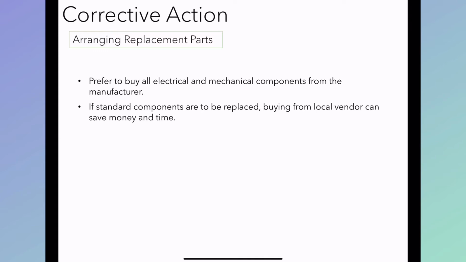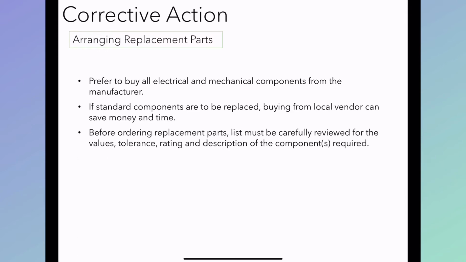So it would not matter if we buy it from the manufacturer or locally, other than the money and the time that will be affected. If our standard components are faulty, we can easily obtain them from our local vendors and save our precious time and money.